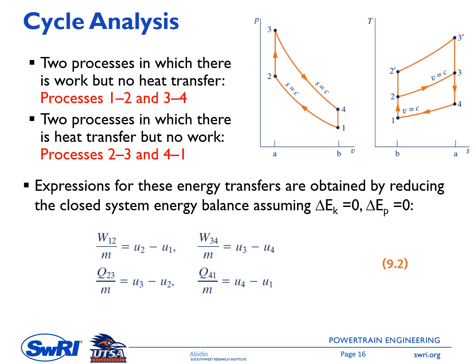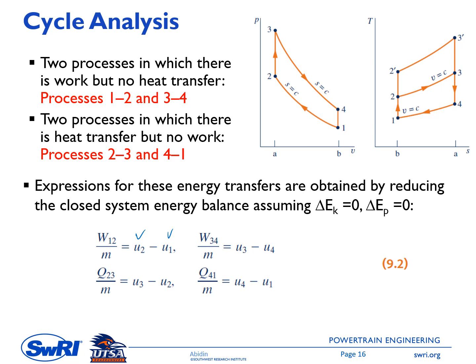Then you will have correlation 9.2. So the compression work per unit mass is U2 minus U1. Remember, this is a closed system, so there is no mass flow in and out of the system, so we use the internal energy parameter here.